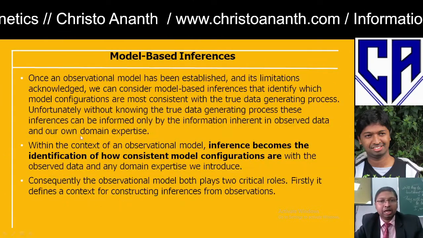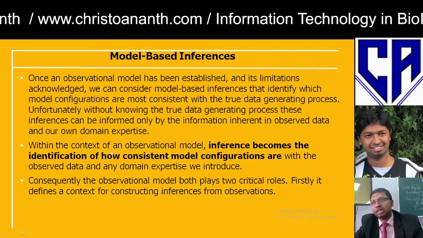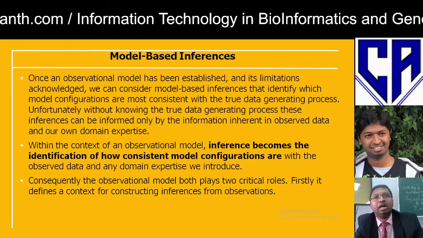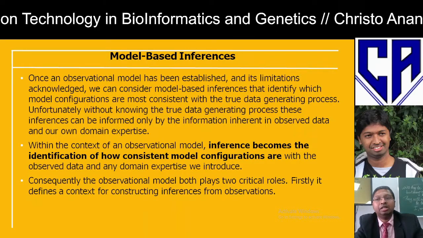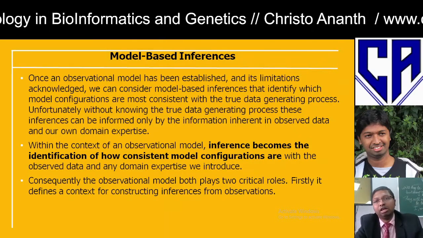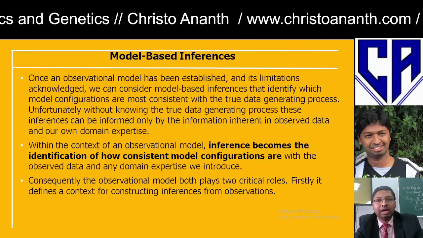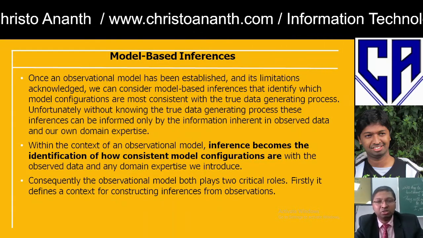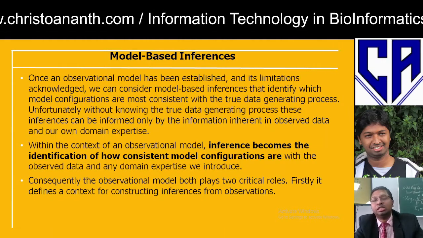Here we will have the model-based inferences where we consider this Dirichlet prior. We consider the probability of a sequence occurring with some non-uniformities. For this case we would have an observational model, and we would understand its limitations also. Within the observation model we will consider inferences.